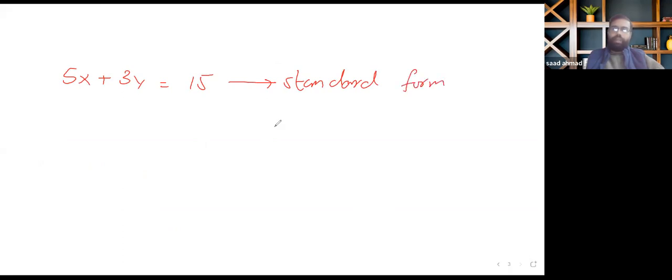So if we are given some different forms, we can convert one form into another by rewriting. Let's say I have 5x plus 3y equals 15. This is in standard form, and I want to convert it into intercept form.